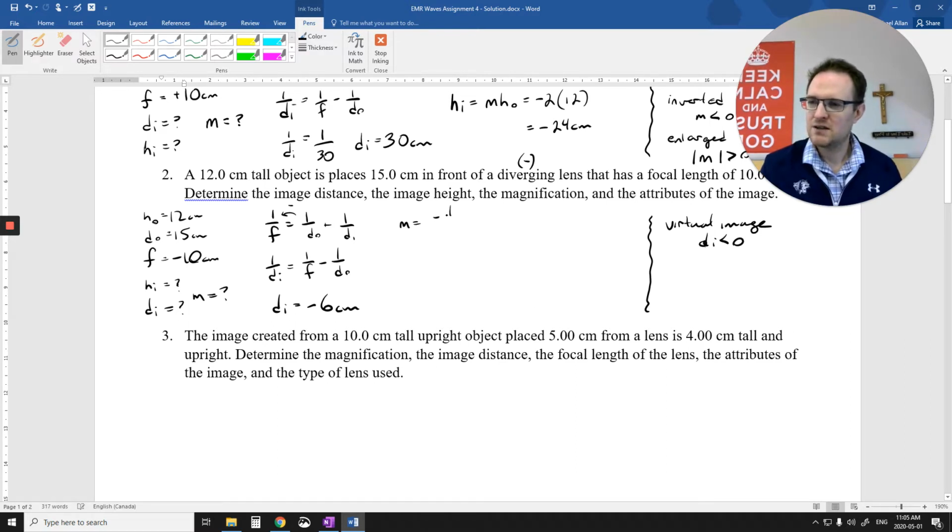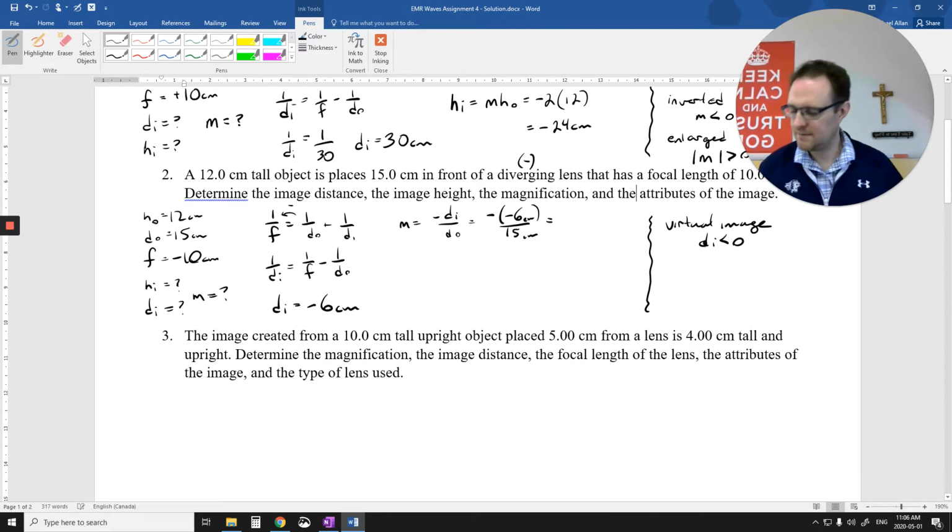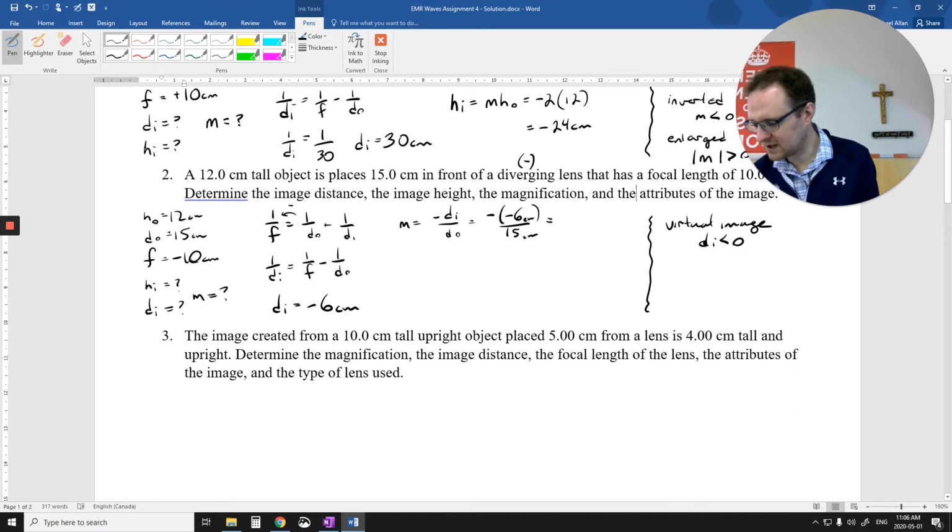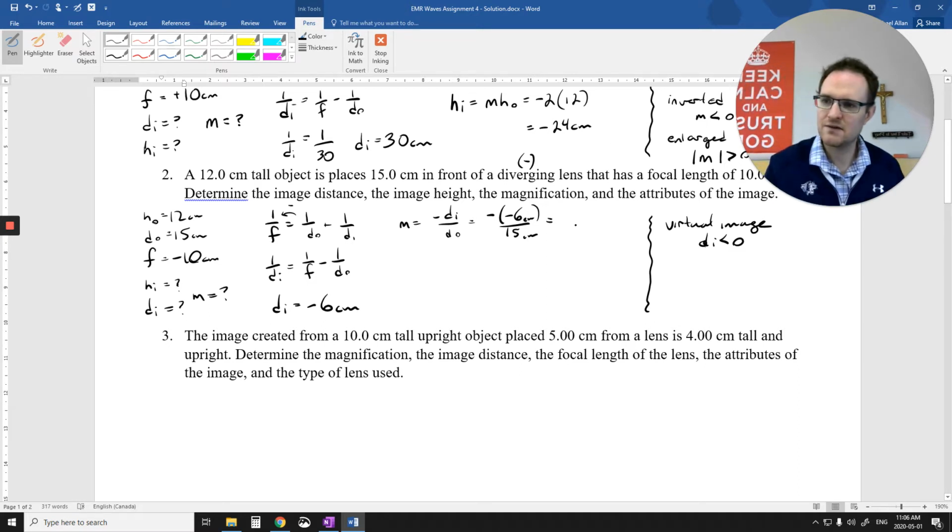Looking pretty good. My magnification, negative DI over DO, so negative negative 6 centimeters divided by, what's my DO, 15 centimeters. Okay, so I get a positive 6 over 15. So positive 2 over 5. So it's positive, so that means it is erect or upright, if you don't like the word erect for some reason.